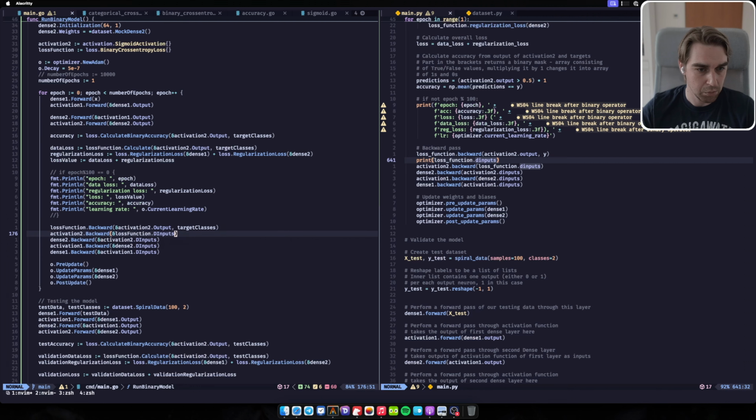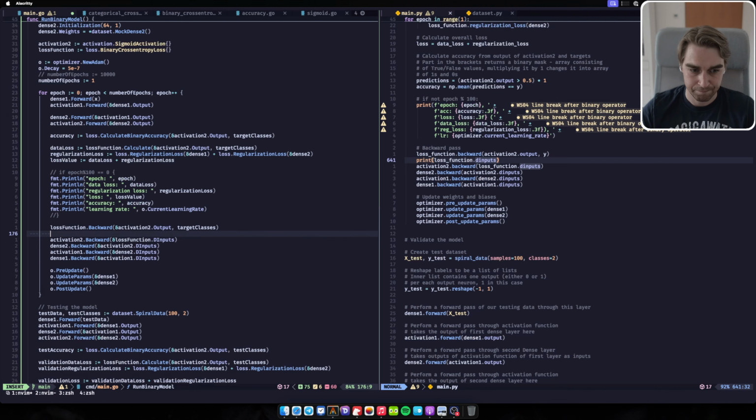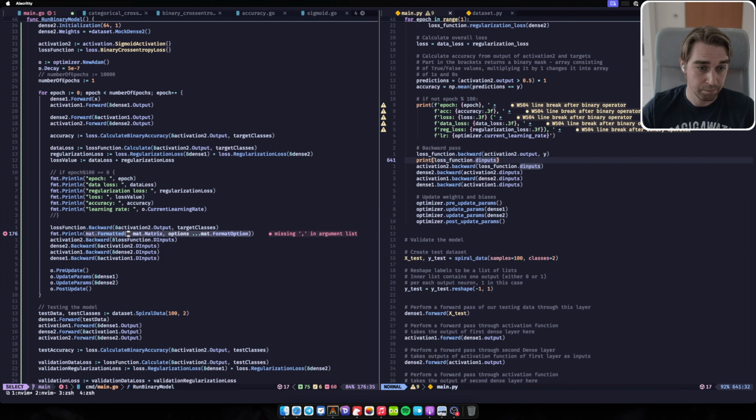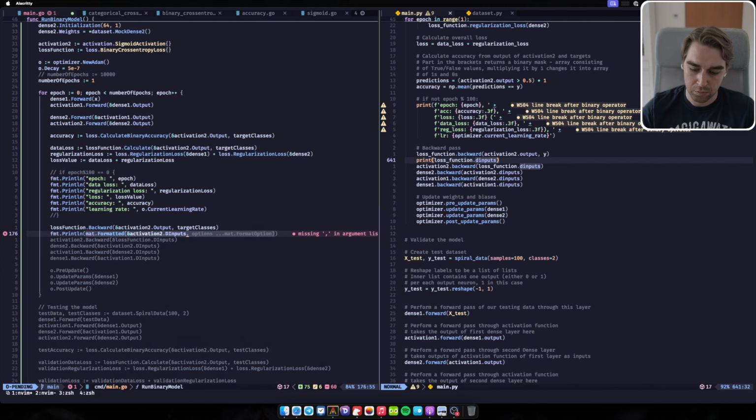And we're doing the same here. Print activation2 dinputs.